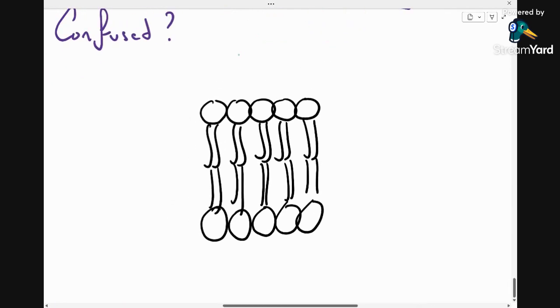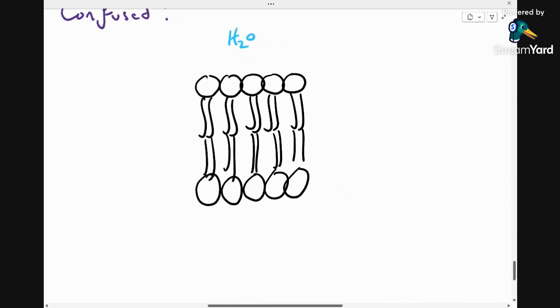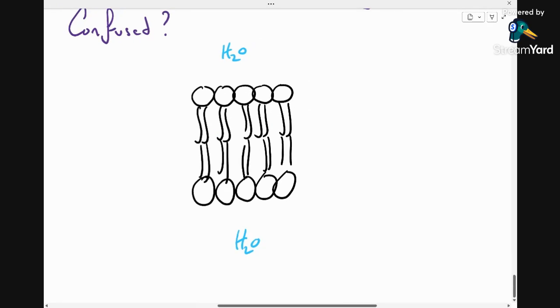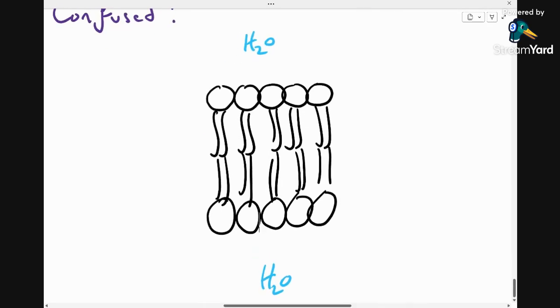Where we have water on the outside, but water is excluded from the center. So, remember, which bits of the phospholipids here are hydrophilic?